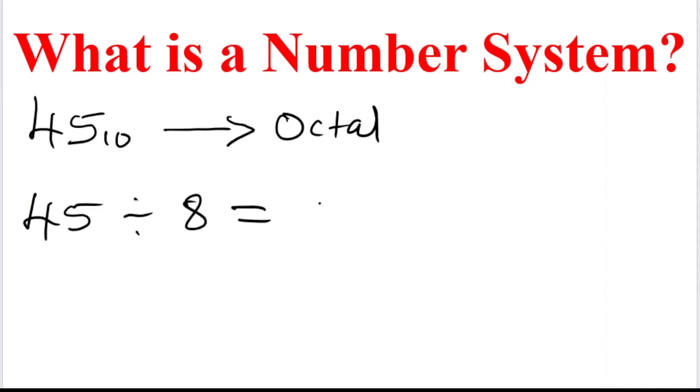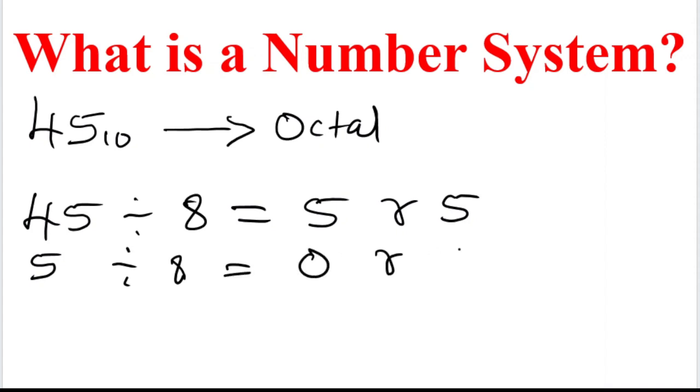This will give us 5 remainder 5. So now use 5 again. We use 5 divided by 8 again. So we'll get 0 remainder 5. Now we have gotten to 0. We can now stop there.